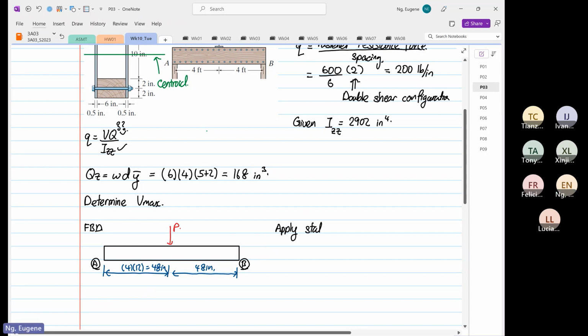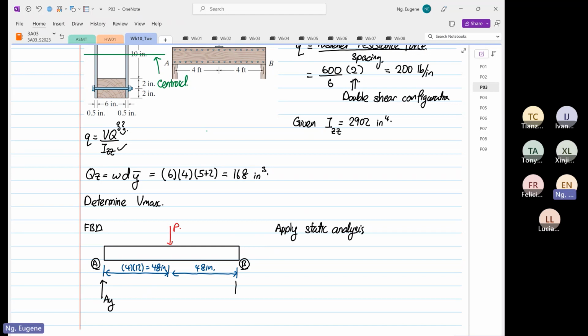Now we are going to apply static analysis. We know we have an AY over here, and we know that we have a BY over here. Due to symmetrical loading and geometry, we're going to declare that AY is equal to BY.